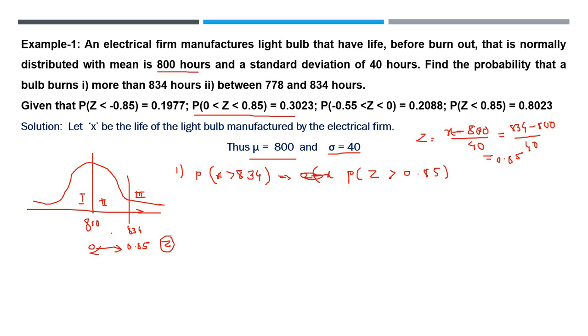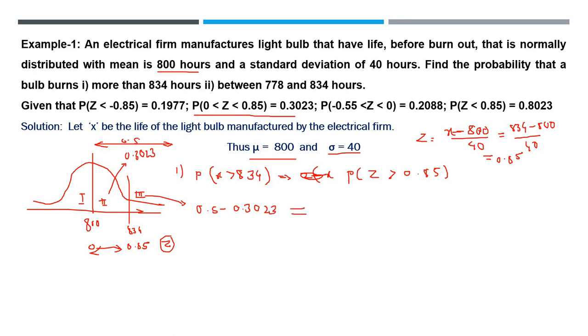Now this is the region 0 to 0.85. If you see here, the probability of 0 less than z less than 0.85, the area is given. This is 0.3023, and we know that the complete area on this side is equal to 0.5.